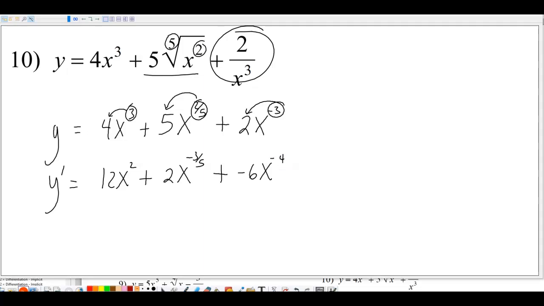Now it's possible that this would be the answer, but they also might choose to rewrite it. The negative powers might be written as positive by moving the term into the denominator. Also, since this is plus and negative, they're just going to make that minus.